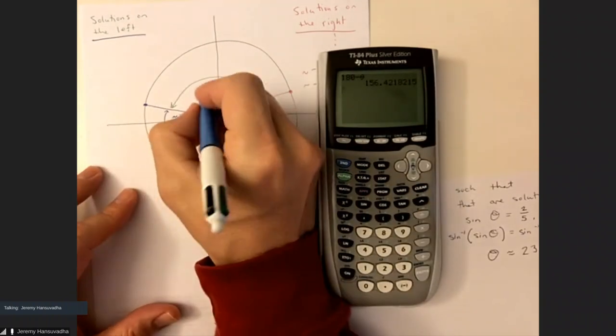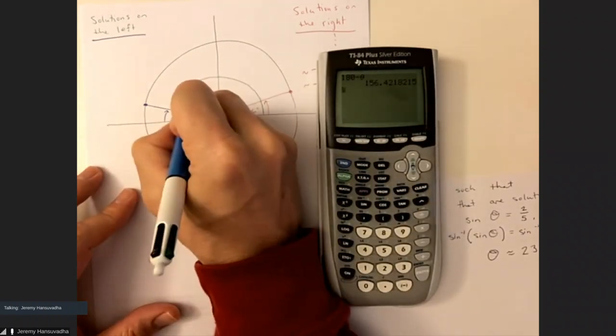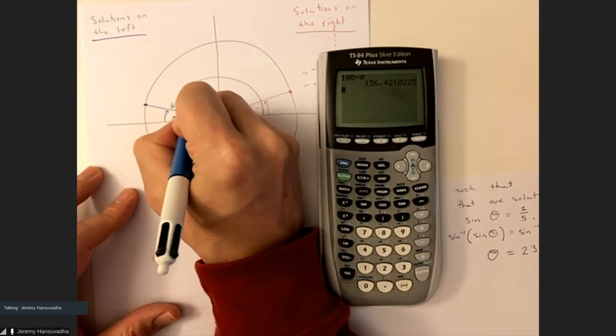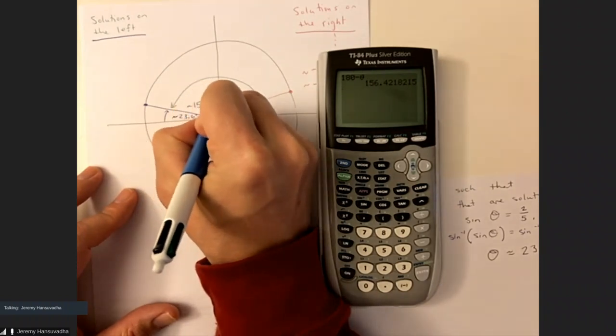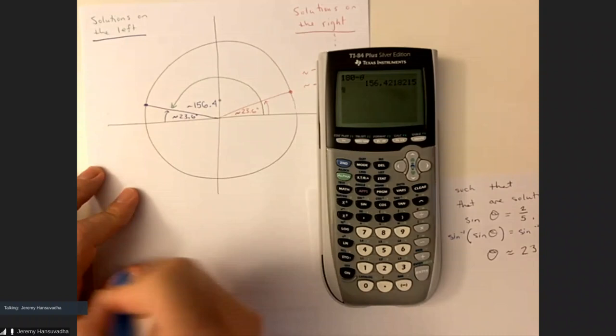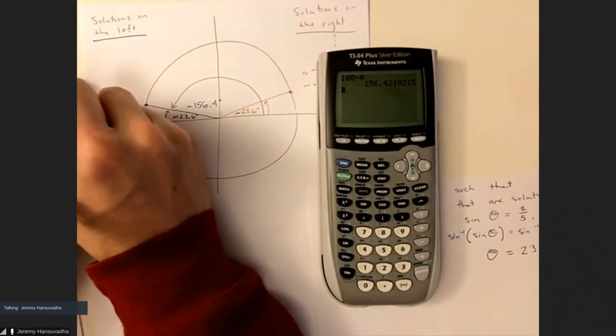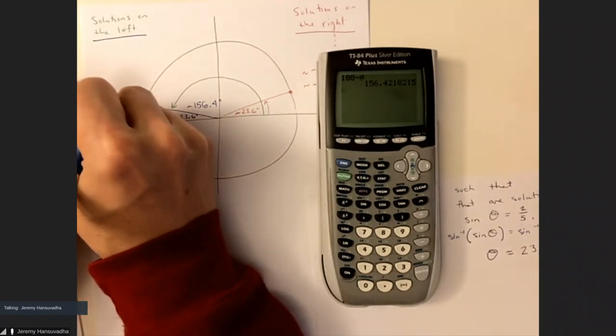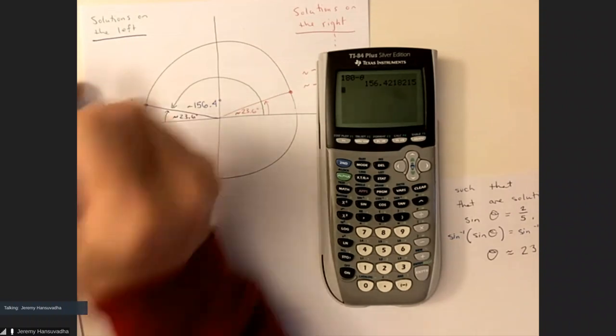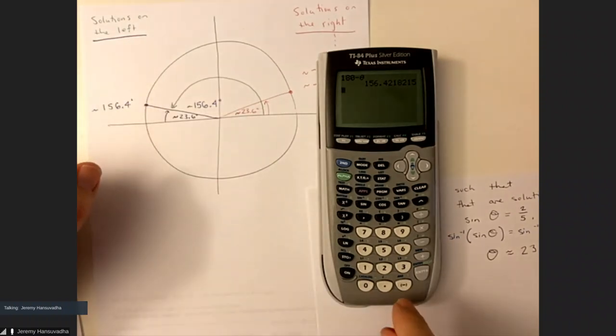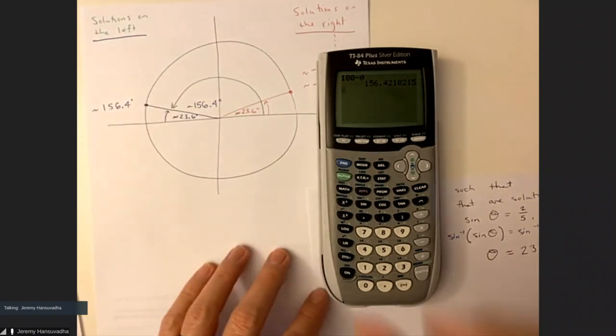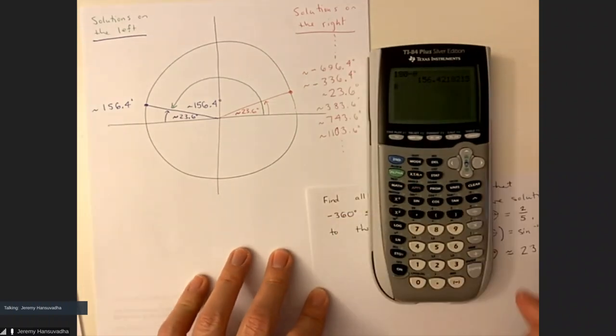So if we have a rotation of about 156.4 degrees, about 156.4 degrees. And, oh, I should check these to see that all these are solutions. So let's do that.